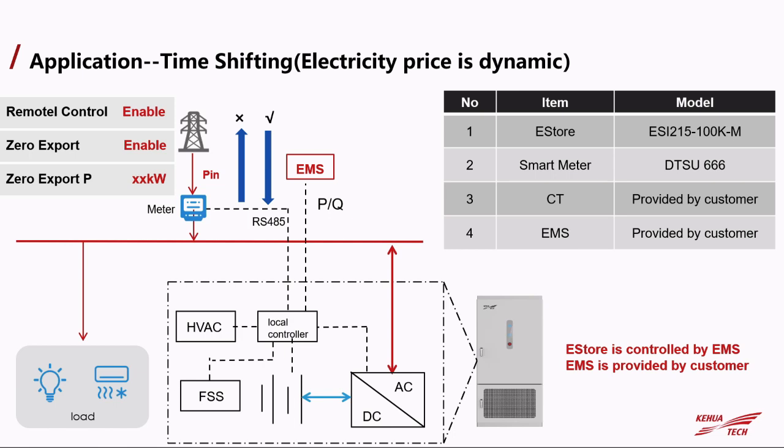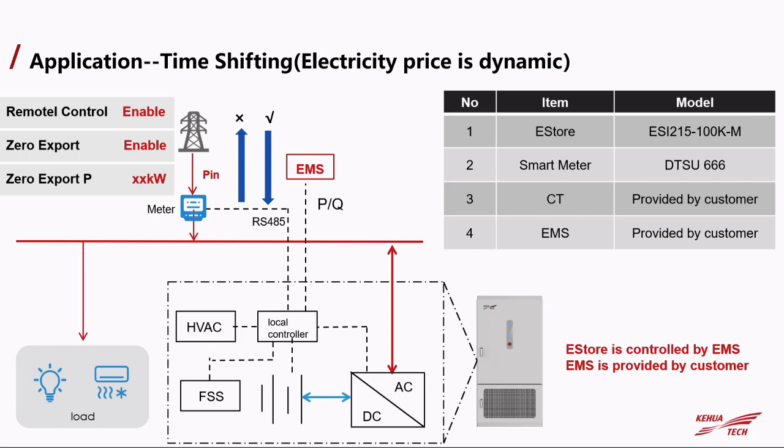Because our energy storage system cannot directly know the information of the electricity price. So in this situation, the energy management system, the EMS, can get the information from the website of the local government, and then it can send the order to the energy storage system. It's the active power order or reactive power order.